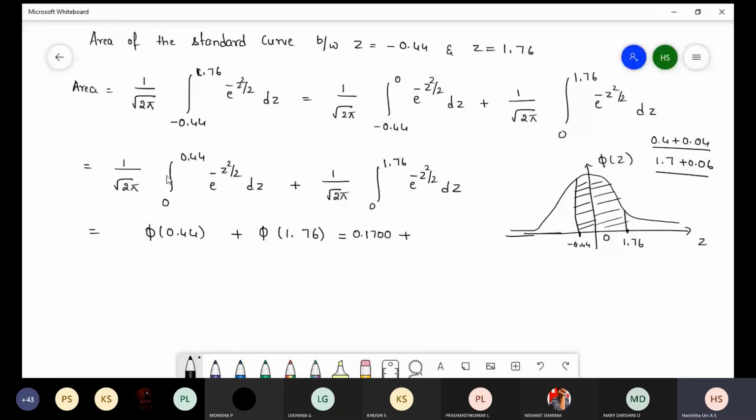Next 0.4608. Yes, 0.6308. So we can write P of minus 0.44 less than or equal to Z less than or equal to 1.76 is 0.6308.